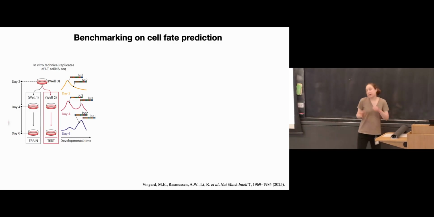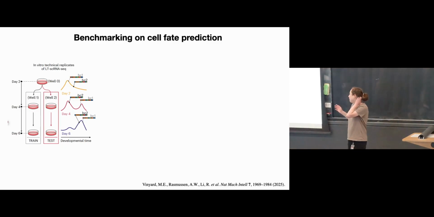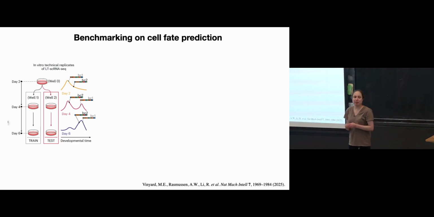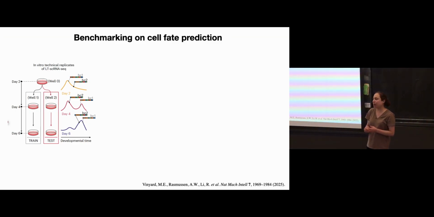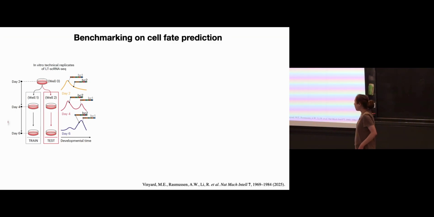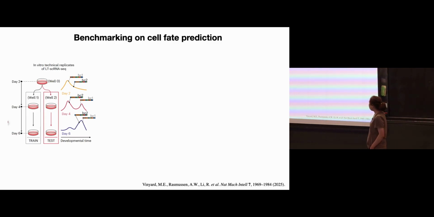Right. Okay. So how do you have any idea whether any of this stuff works? One of the nice things that people have done is to benchmark some of these methods on a really neat kind of experiment. There aren't too many of these types of experiments, and this is a very nice one.